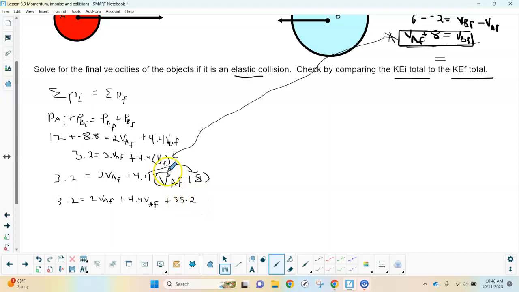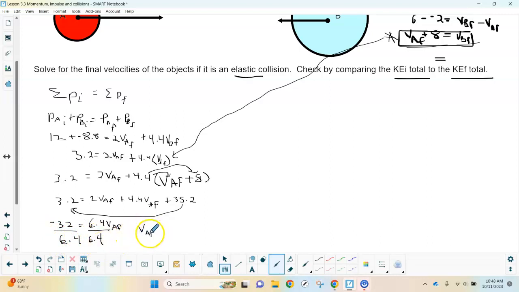Then it's just grouping like terms. I'm going to take this 35.2 to the other side, and it becomes negative. So negative 35.2 plus 3.2 gets you negative 32. That's equal to 6.4 VAF. Then it's just division by 6.4 on both sides.